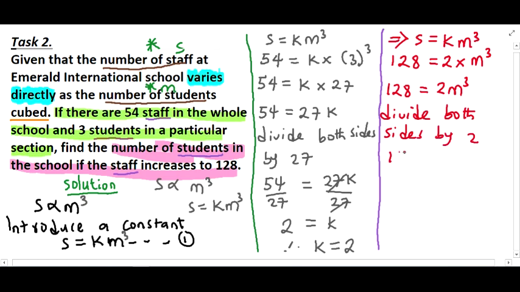Have 128 over 2 equal to 2m cubed over 2. The 2 can cancel out here, and 128 divided by 2 gives us 64. So 64 is equal to m cubed, right?